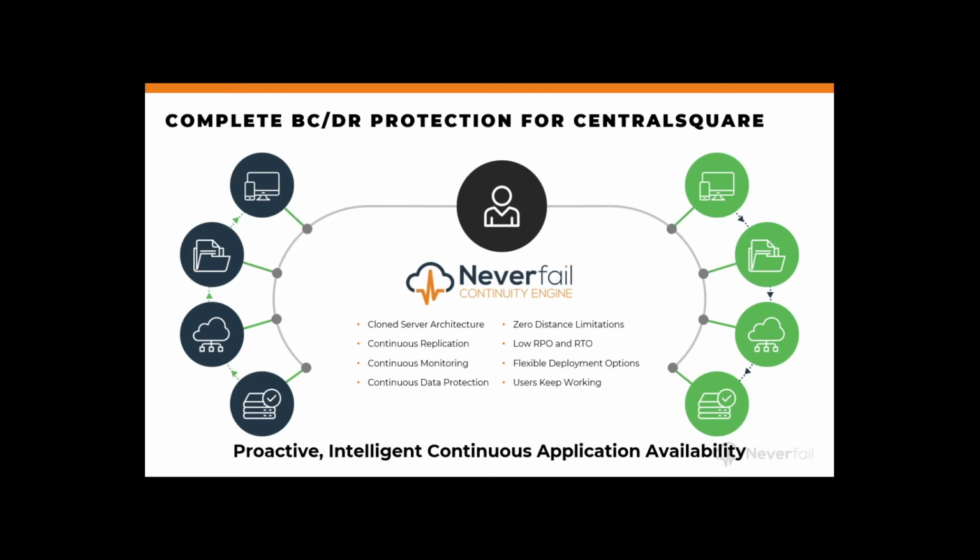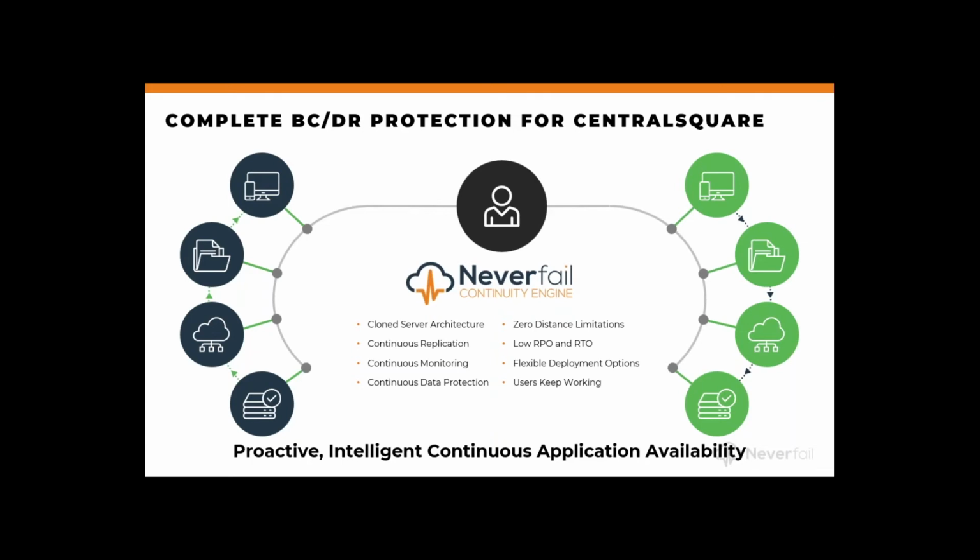Continuity Engine has a completely different strategy, and the idea here is continuous availability. So we want to take as many obstacles out of the way that could potentially make your failover process less complex and more problematic. So the idea here is we start with a true clone-based architecture, right?